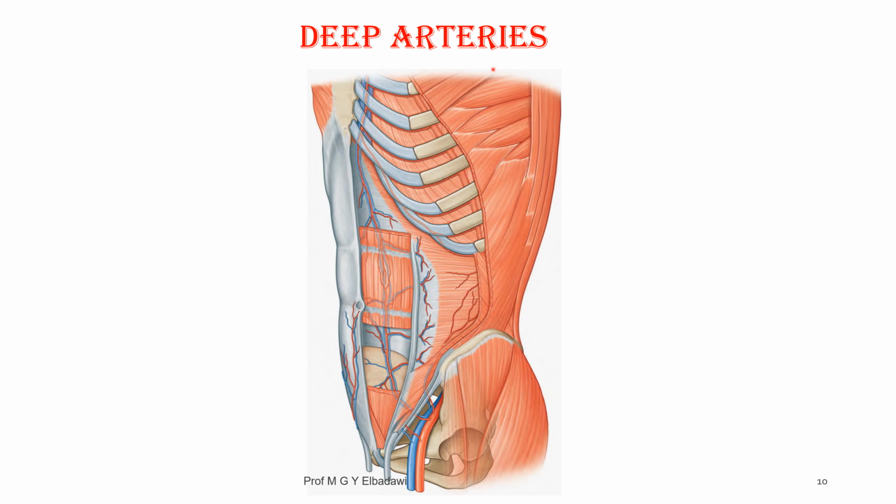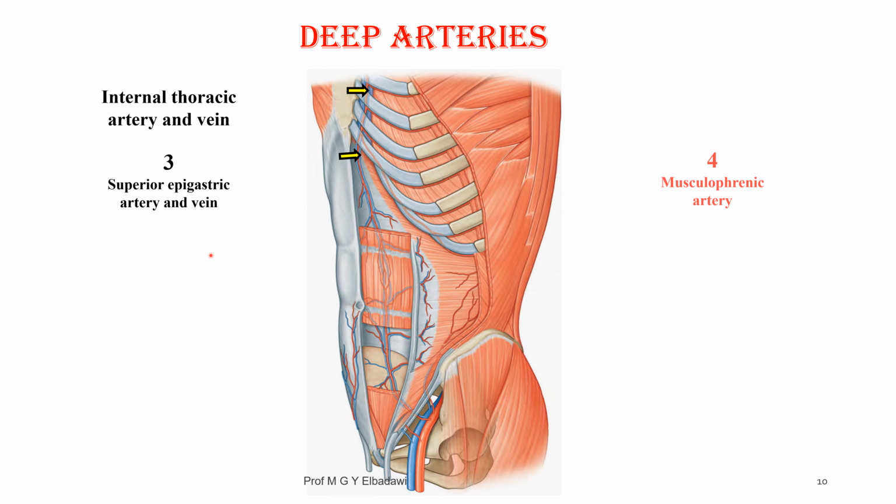Now we'll come to the deep arteries, which are 4 arteries: the internal mammary or internal thoracic artery and vein are shown here. Superior epigastric artery and vein, that is the one here. The musculophrenic artery along the costal margin here.